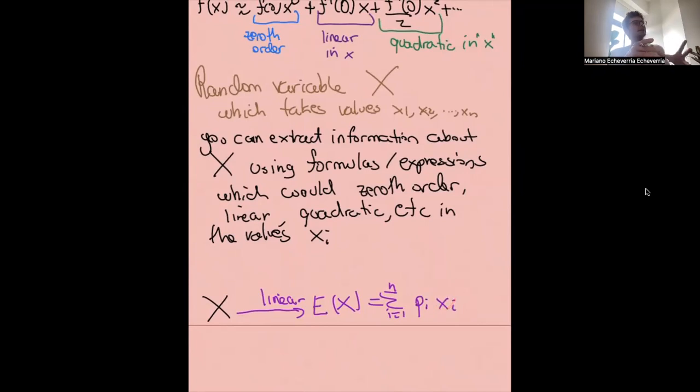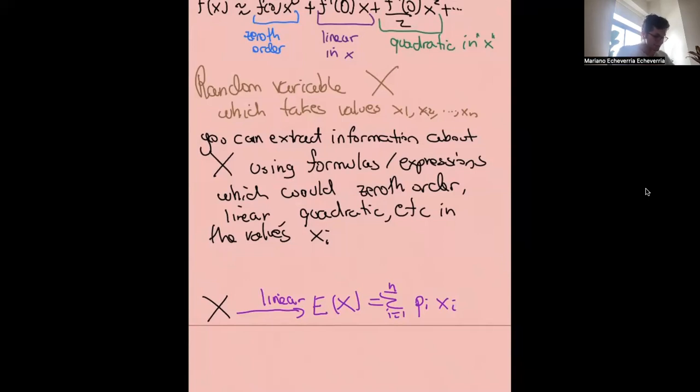So it is extracting information from x in a linear way, because every outcome is just being raised to the power 1. So the linear term is the expected value.